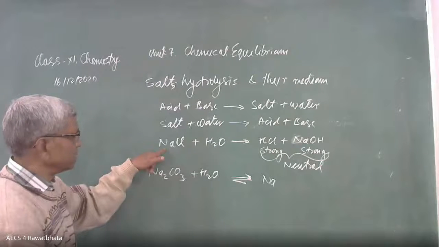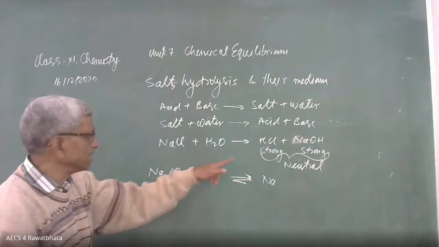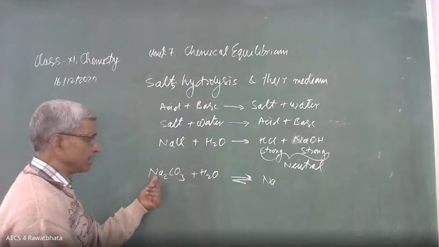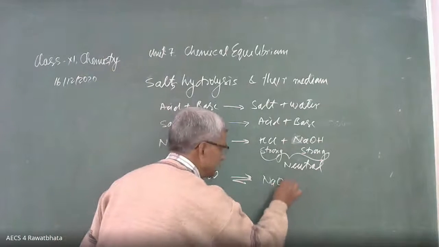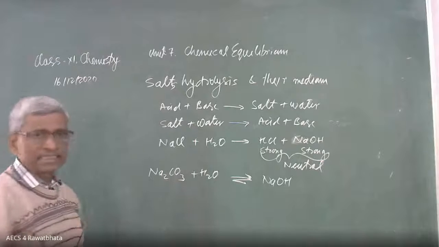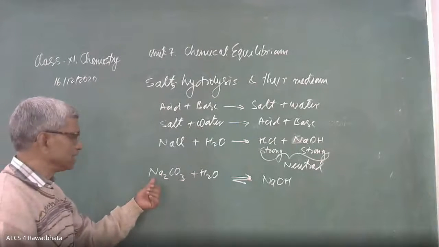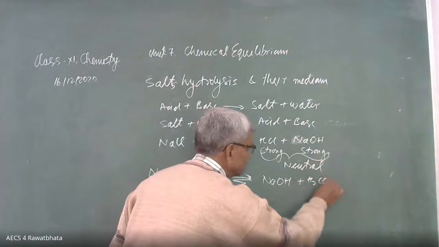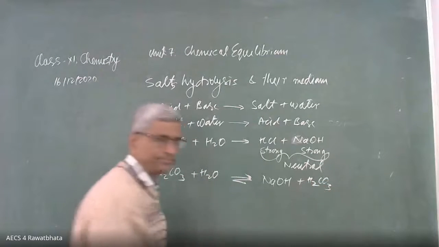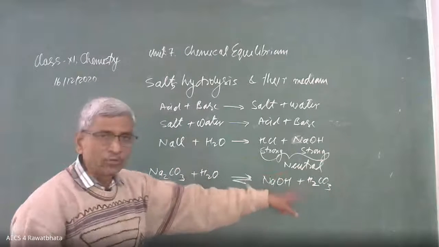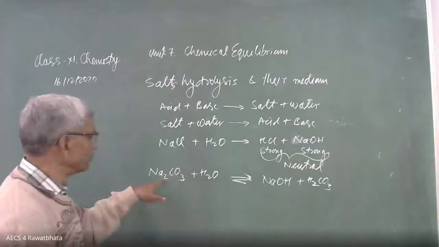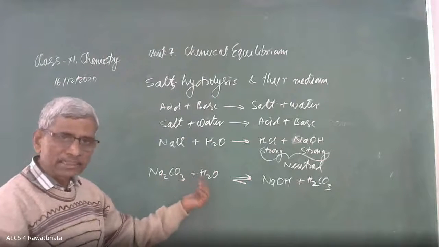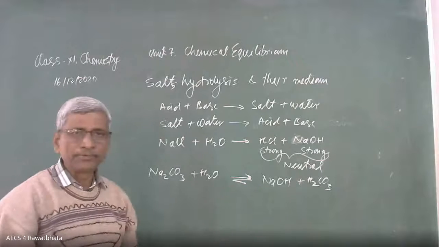Here sodium is a metal, so the base is NaOH. The metal will decide the base. It's hydroxide, NaOH, and then CO3 forms H2CO3, carbonic acid. Sodium hydroxide and carbonic acid are formed when sodium carbonate hydrolyzes in water. When it is dissolved in water, it gets hydrolyzed and forms this type of acid and base.